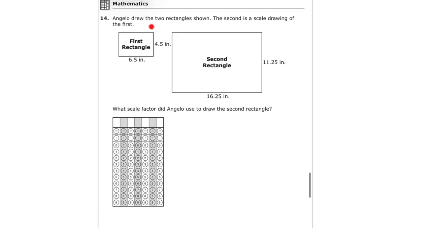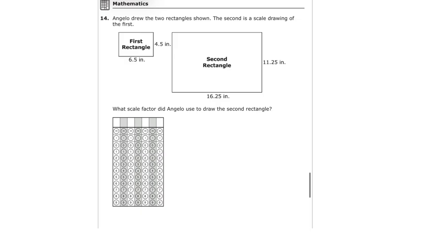Okay, Angela drew the two rectangles shown. The second is a scale drawing of the first. Got it. So this is the first one, and it's as though this rectangle got blown up to this larger version of what used to be this one. What scale factor did Angela use to draw the second rectangle?